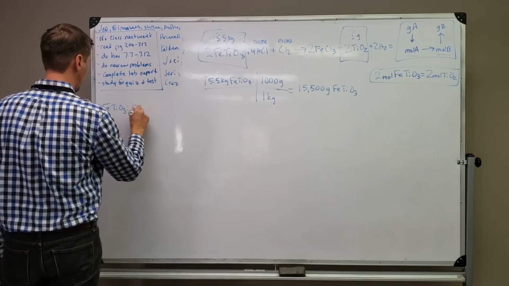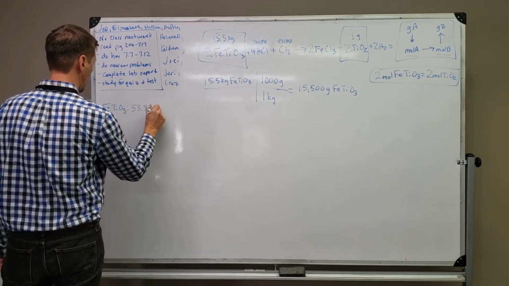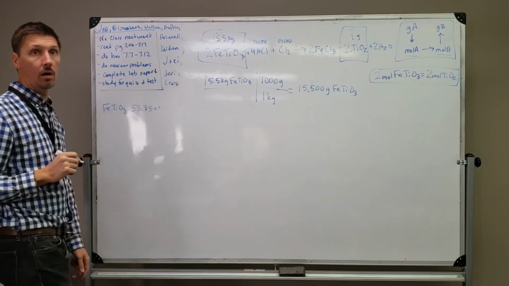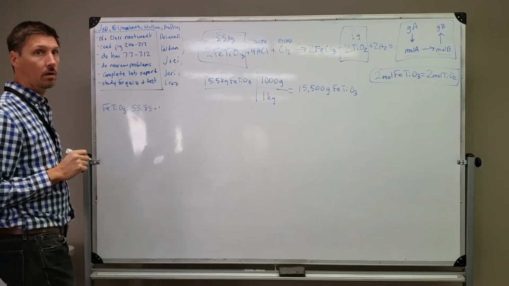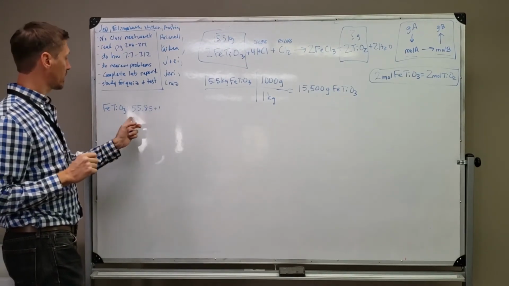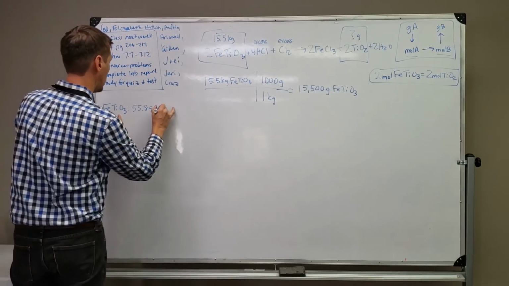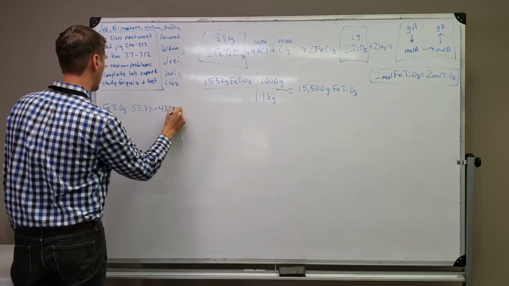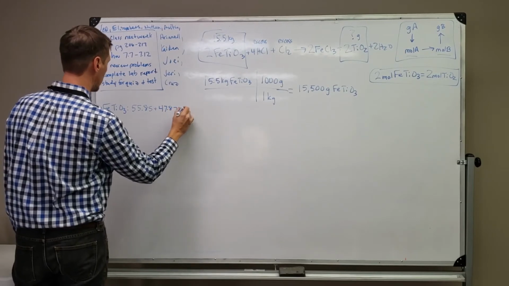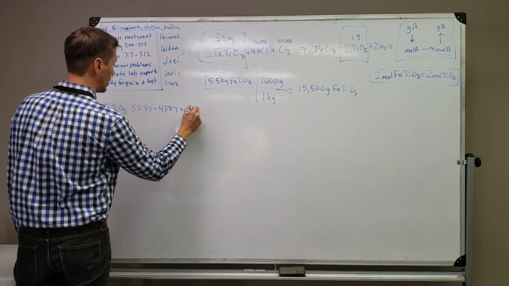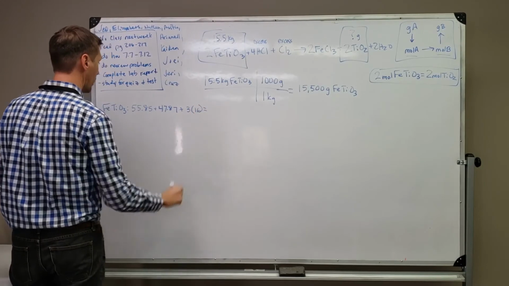And Ti? 47.87, and then oxygen is 16, so that's going to be 3 times 16 for that last one there.